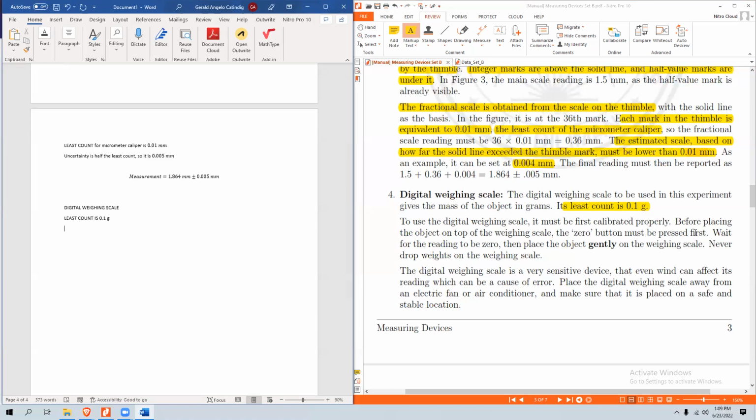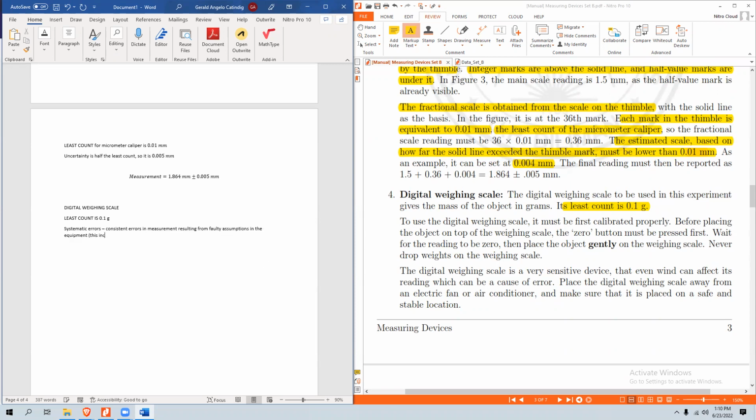So again, dapat makalibrate ang digital weighing scale kasi in some cases, pwedeng mag-cause yan ng systematic error if not properly calibrated. Again, if you recall, systematic errors are consistent errors in measurement resulting from faulty assumptions in the equipment.